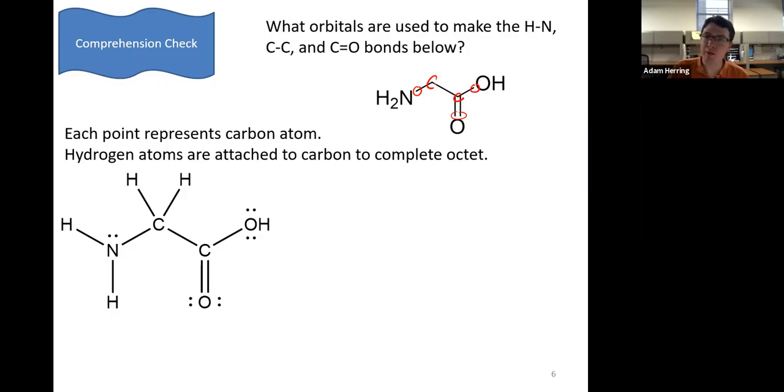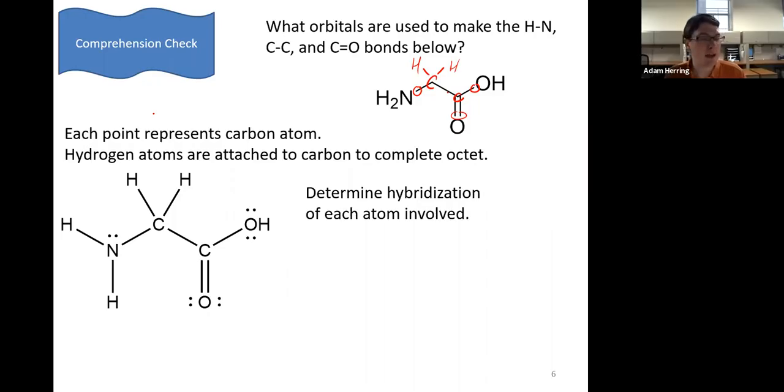But these points here represent carbon atoms. Also, there are hydrogen atoms attached to the carbon atoms to complete the octet. So in the case of this carbon atom, it only has two bonds, so we need two more bonds to form a complete octet. And the reason we need to identify which elements are bound to which others is because we need to determine the hybridization.